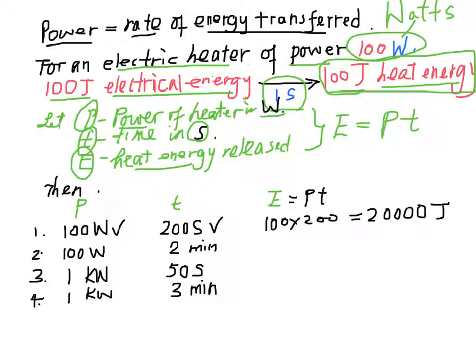20,000 joules. Second, P is 100 watts and time is 2 minutes. The energy released by the heater would be P 100, T 2 minutes. We need to change the unit into seconds. 2 times 60 seconds. Therefore, the energy released by the heater would be 120,000 joules.